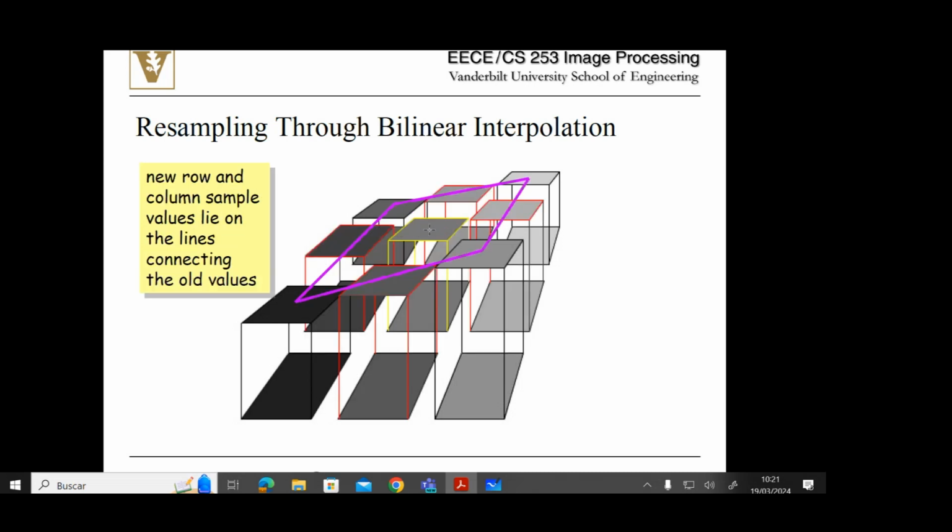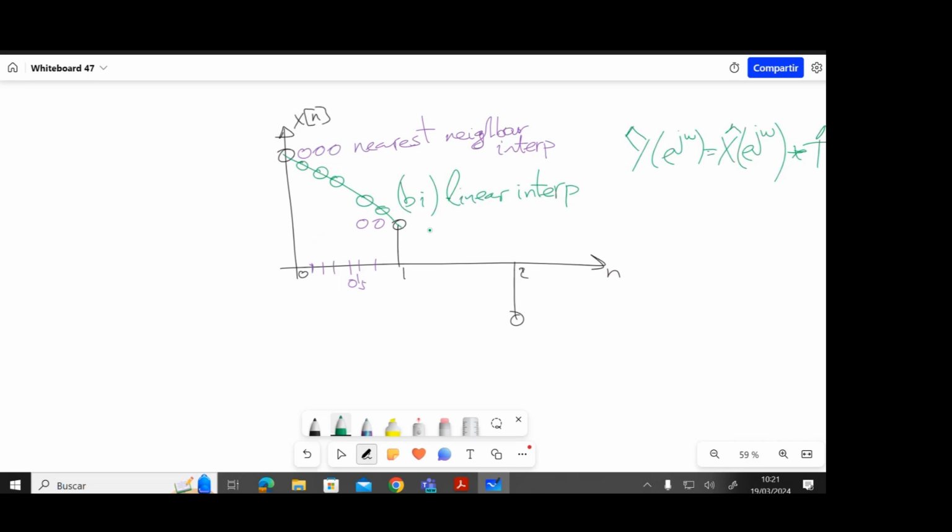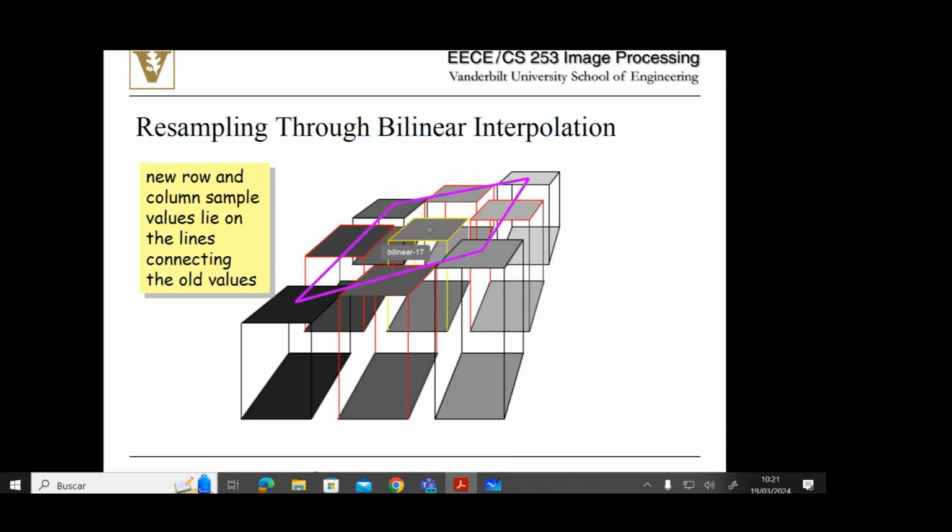What I was doing here, I had two values and I was fitting a line. So now I have 4 values, but I can fit a plane. I can fit a plane and then evaluate that plane in the location you want.